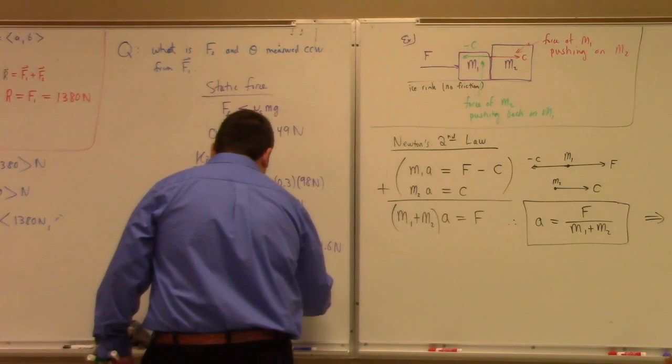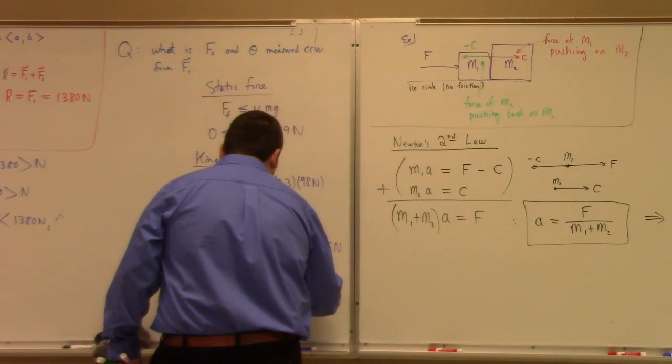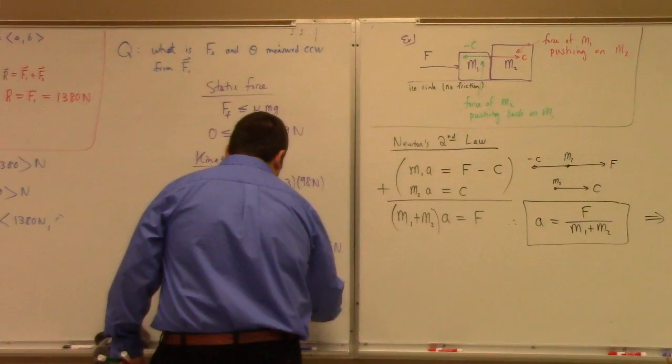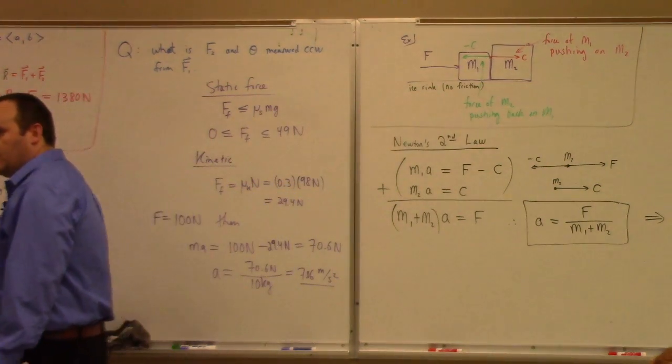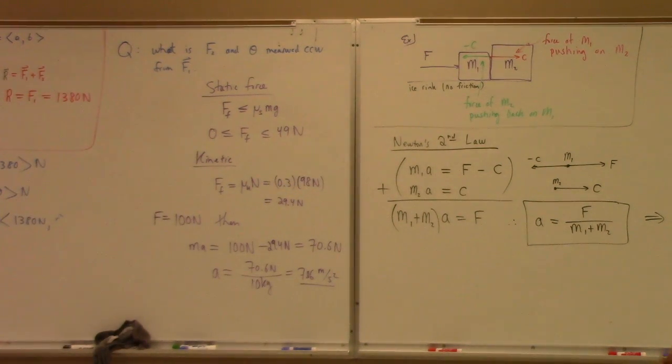So lo and behold, you'd have 7.06 meters per second squared as an acceleration, as an example, if your force was larger than that critical breaking static force. All right.